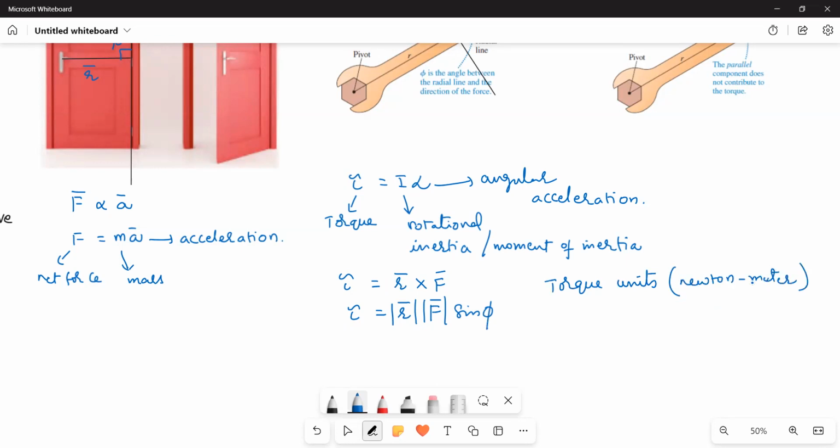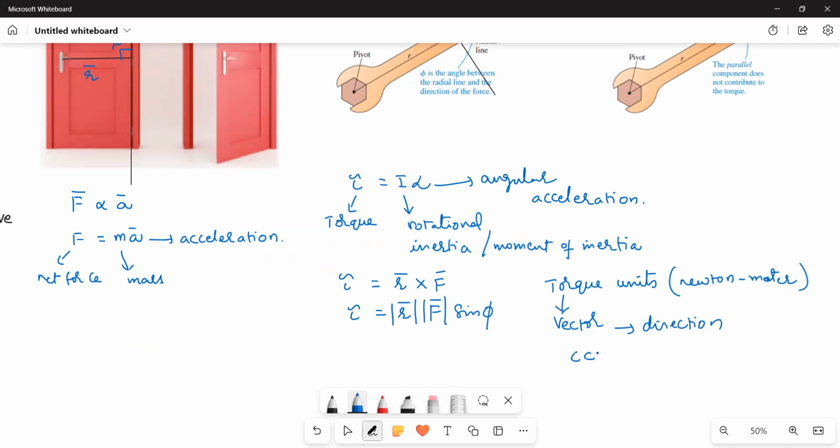And then again, the direction, because the torque is a vector quantity. You know, the cross product of two vectors is a vector. So the torque is a vector, therefore we have to write the direction.